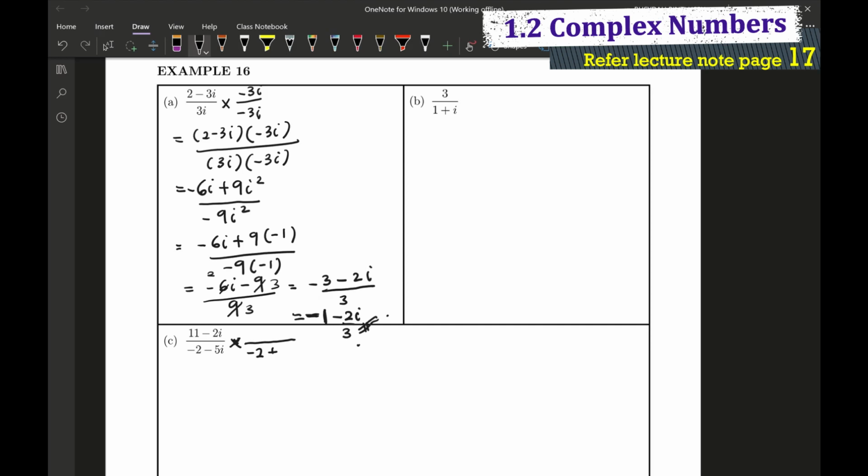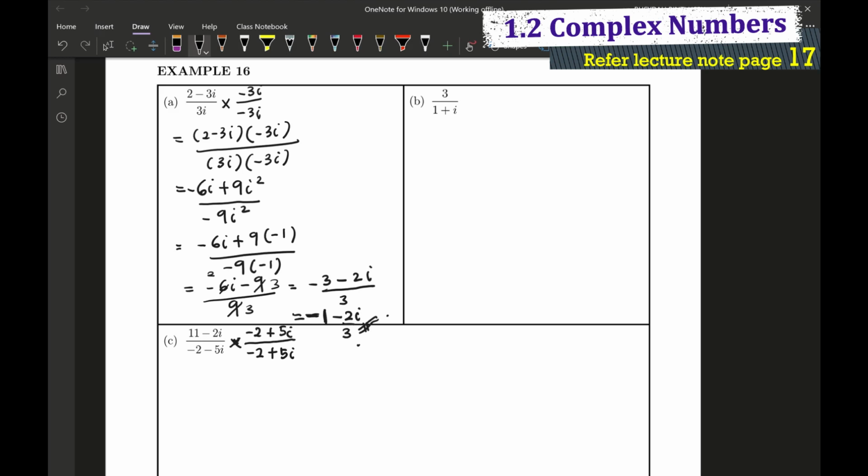So here we need to multiply by, what's the complex conjugate of the denominator? -2 plus 5i, because the imaginary part is completely opposite from the one we want to conjugate with. So -2 plus 5i here. Now we can solve it.